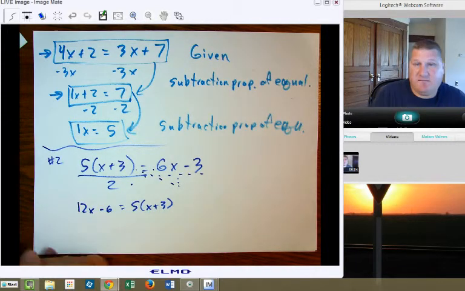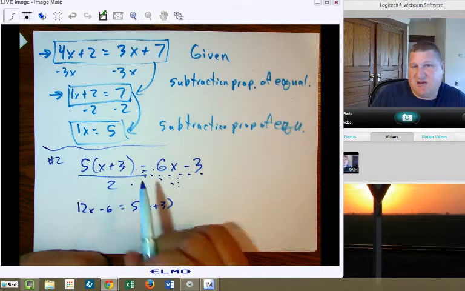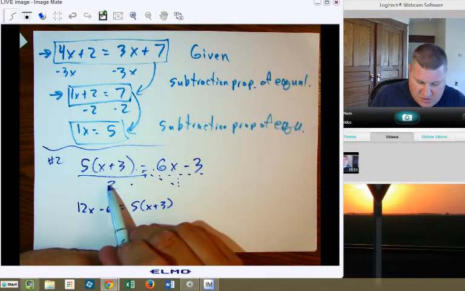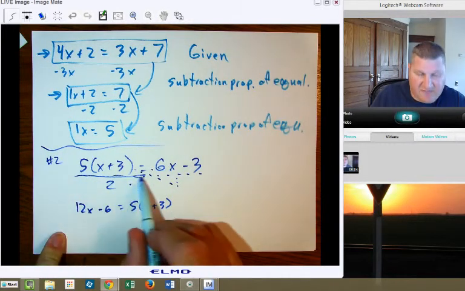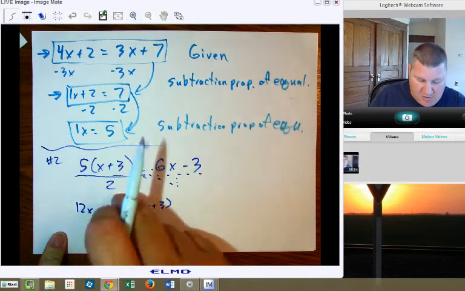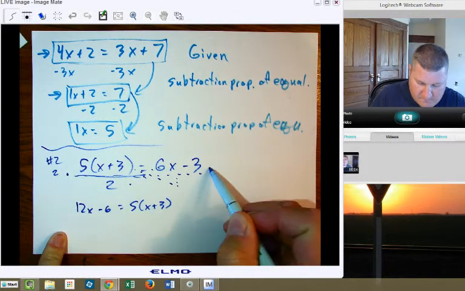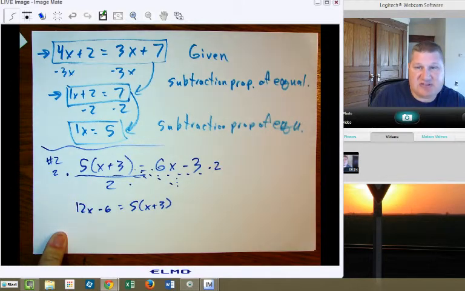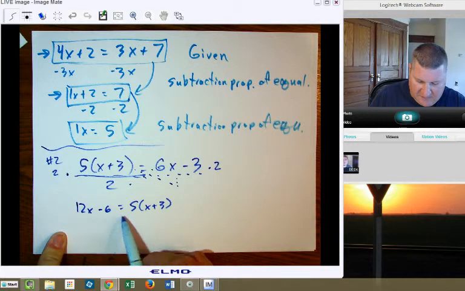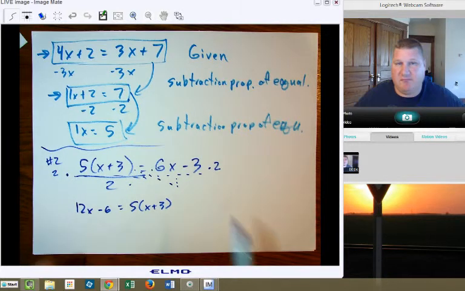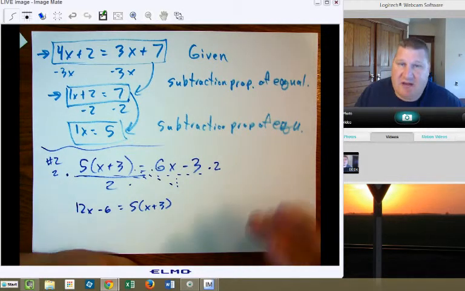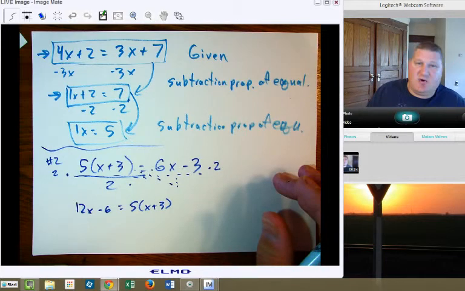Alternatively, instead of cross multiplying and using proportions, I could just say, since this whole side is divided by 2, I could multiply by 2. Multiplying both sides by 2 would accomplish the same thing, wouldn't it? We would indeed have 12x minus 6 equals 5 times x plus 3. So either way you choose to do it is equivalent.